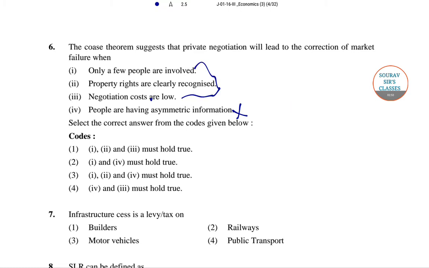All these 3, that is negotiation cost or transaction cost are low, property rights are clearly recognized, only a few people are involved, are right. So for question number 6, the right answer would be option 1.